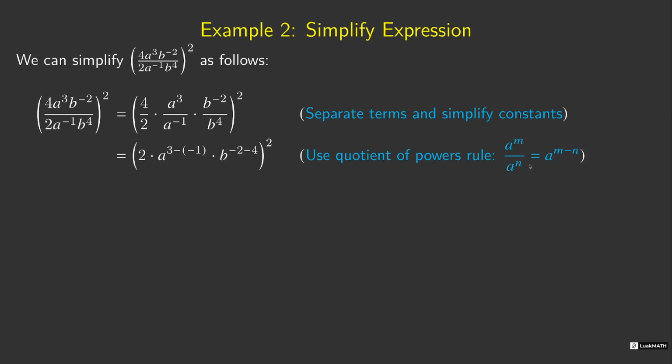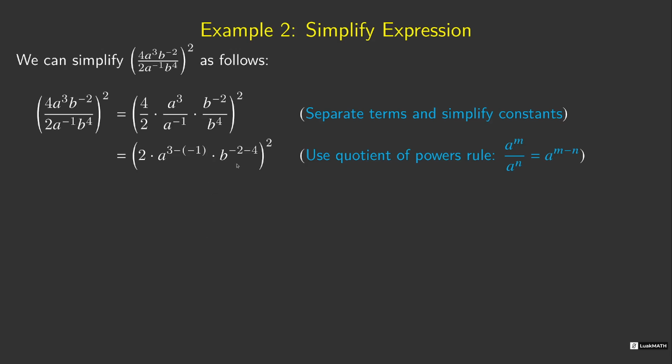Remember, the quotient rule says a raised to m divided by a raised to n is equal to a raised to m minus n. Because the bases are the same, you can just subtract the exponents, and that's what I do. So now you can see I have a raised to 3, this 3 right here, minus 1. So I'm subtracting this minus 1 from this one.